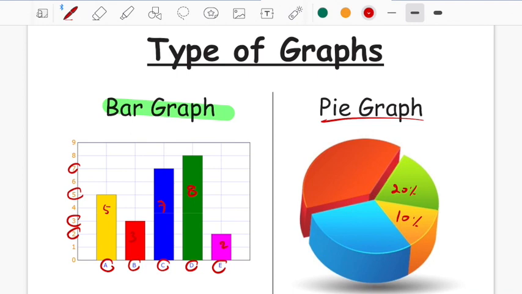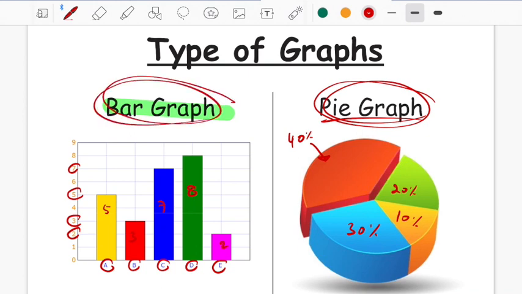Let's just make it 40%. If this is 40%, how much is left? 30. I can make this 30. See, so normally a pie chart is good for percentage, and a bar graph is good when you're giving a frequency.